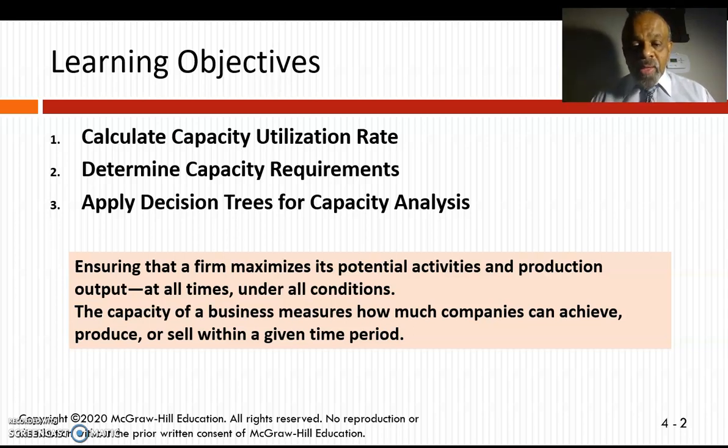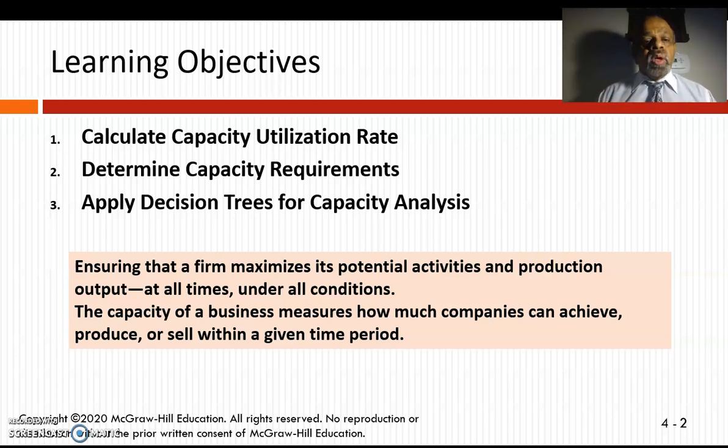They cannot have a capacity of 800 cars, and they should not have a capacity for 2,000 cars. So when you determine the demand, then the capacity is the next thing that companies should determine.